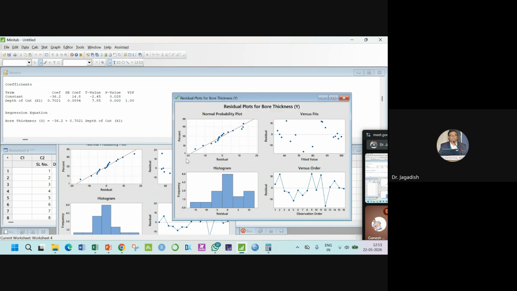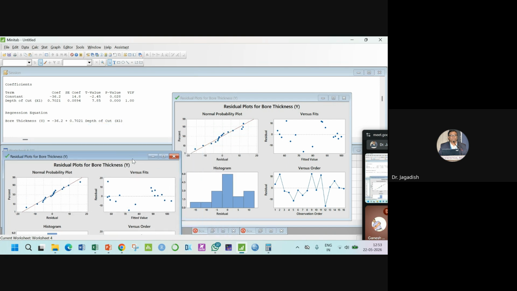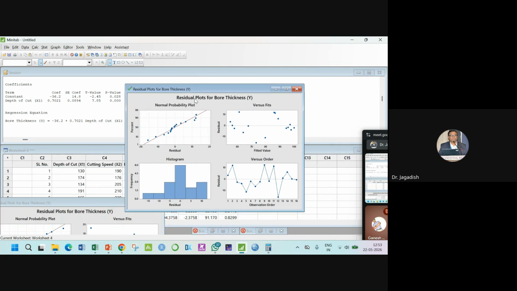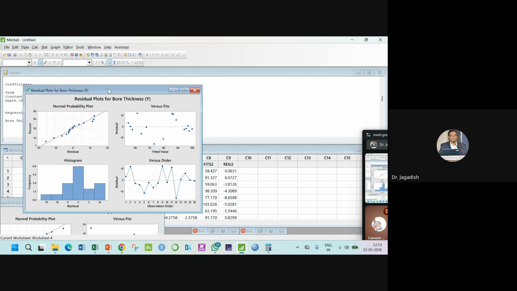Similarly, if you see this again, the same, the residual plot. See, all the three, these are closer values. These center values are very close to the peak value, isn't it? Because the data is normally distributed, right?